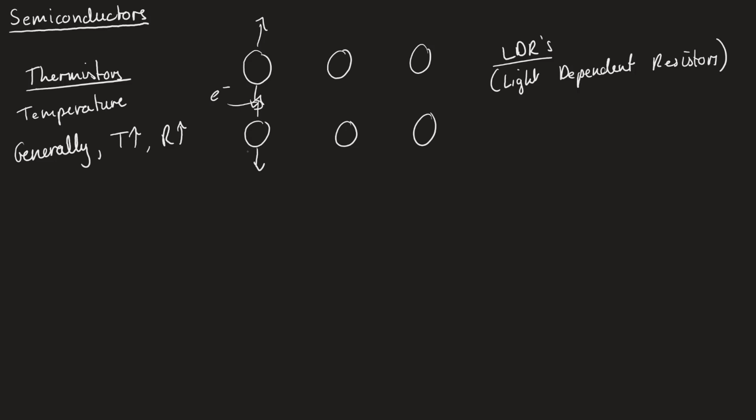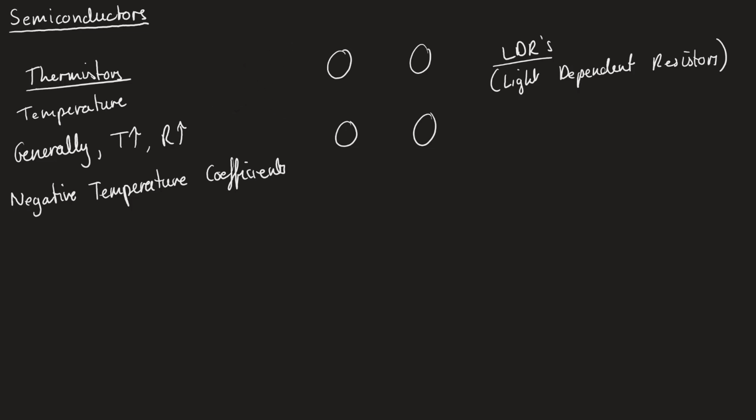Thermistors actually do the opposite of this. These are components that we would call negative temperature coefficient, sometimes abbreviated to just NTC. So these are usually just called NTC components, negative temperature coefficient.